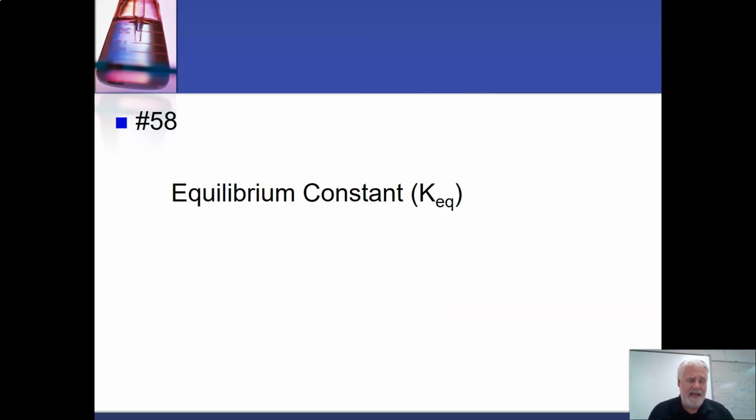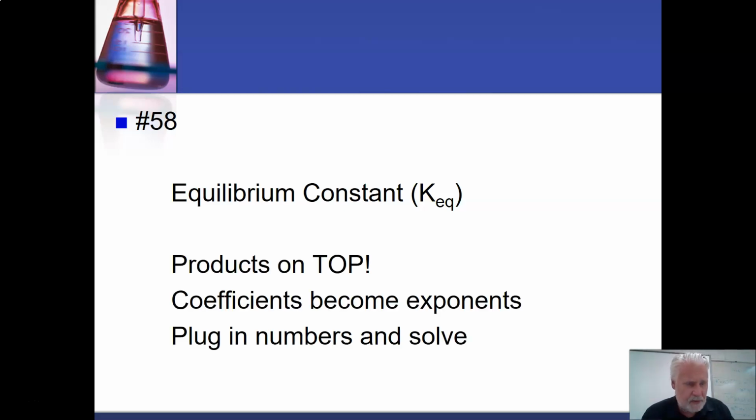Okay, 58 deals with actually calculating an equilibrium constant. Okay, so just remember the products go on top, the concentration of the products on the top, and the reactants go on the bottom. Coefficients become exponents, and then you plug in the numbers and solve.